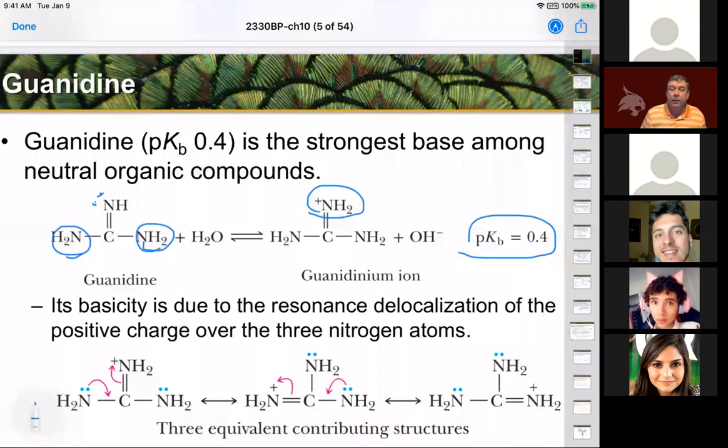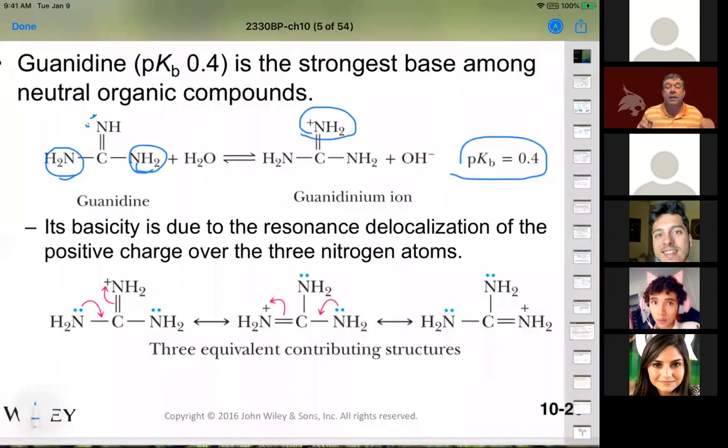But why? We have the ability to share the charge around multiple nitrogens. Because we can resonance delocalize that positive charge over 3 nitrogens, that makes it more susceptible, more likely to act as a base.